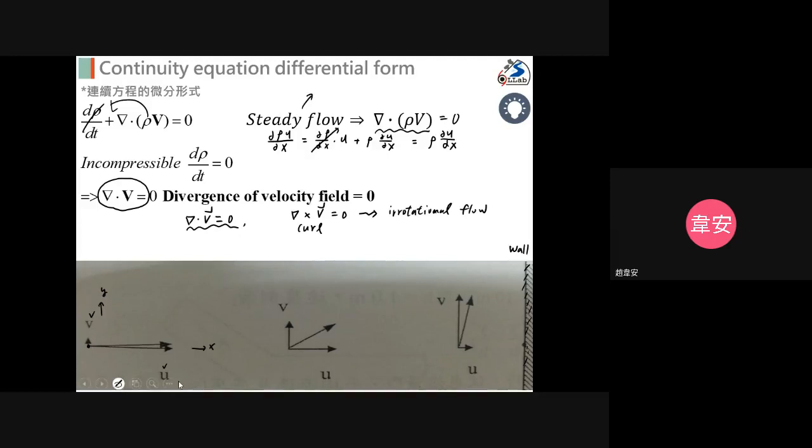If you take a look, this is a two-dimensional velocity field along the xy plane. So we can rewrite the divergence of the velocity field to become dv dx minus du dy.